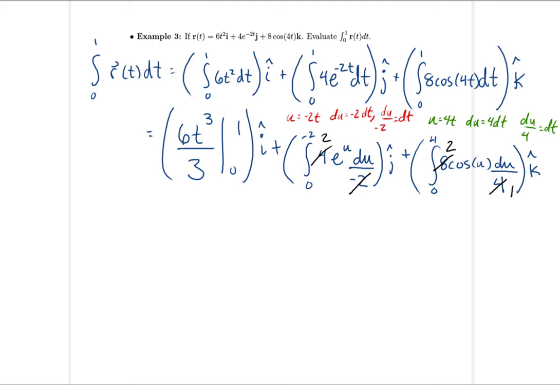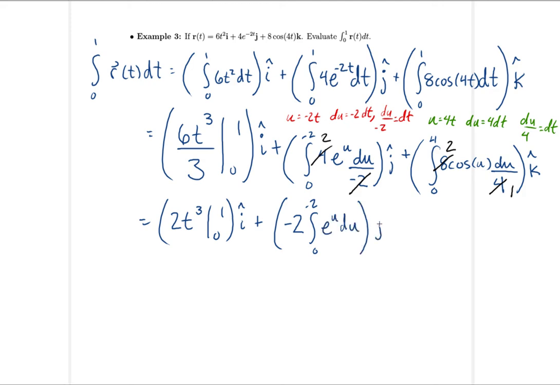All right, so I think we're ready to finish this one here. This is, well, I guess I'll just do this, 2t cubed from 0 to 1. There's my i component. And then this would be, now we've got negative 2 times the integral from 0 to negative 2 of e to the u du, just to clean that up, plus 2 times the integral from 0 to 4 of cosine u du for k.